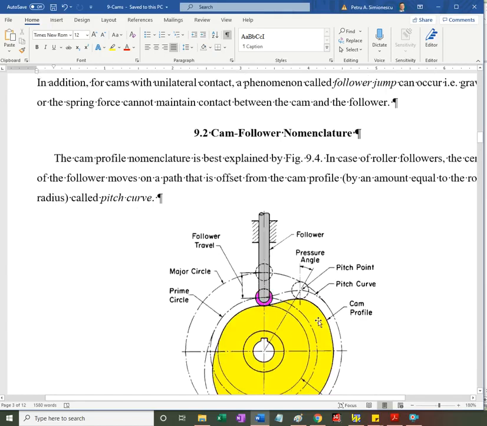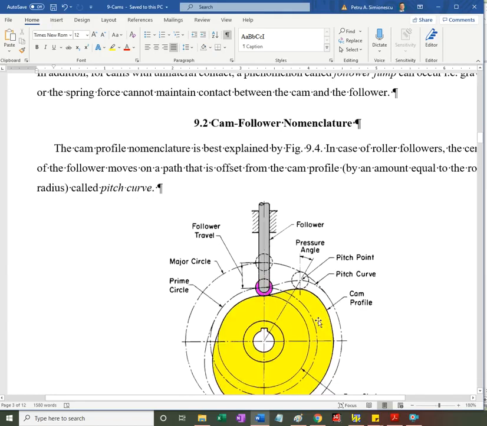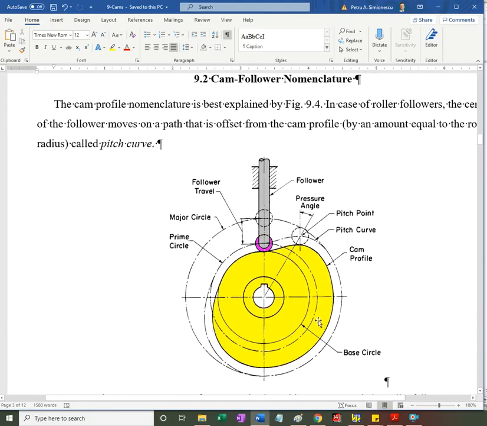Okay, so more on some nomenclature about cam follower, this cam with followers mechanism, and this one is a translating follower with a roller. And we have in yellow the actual cam.